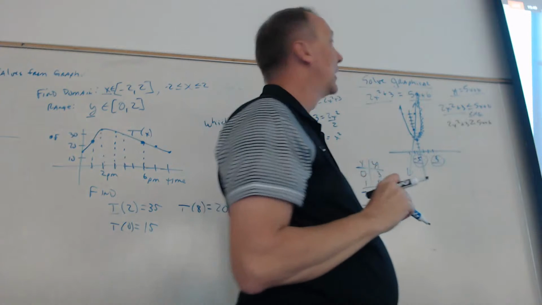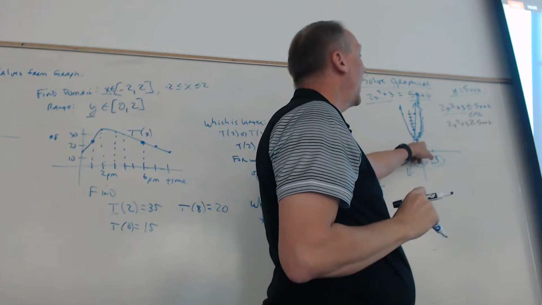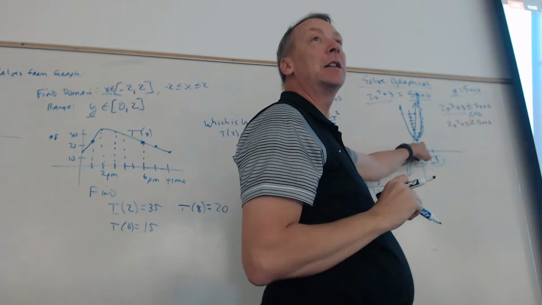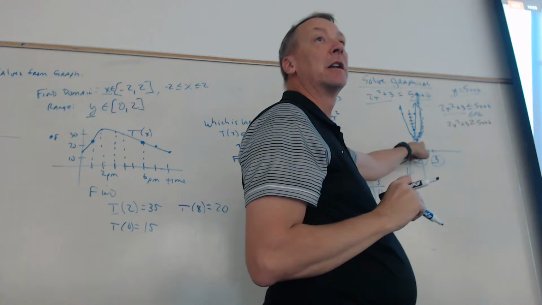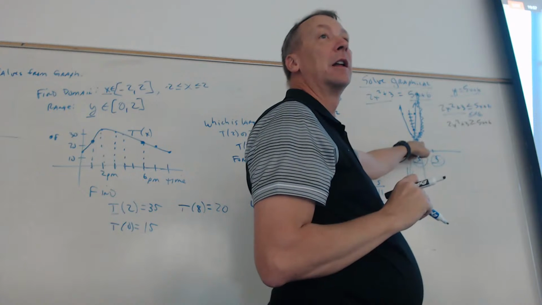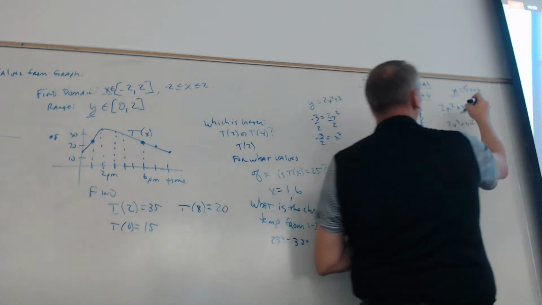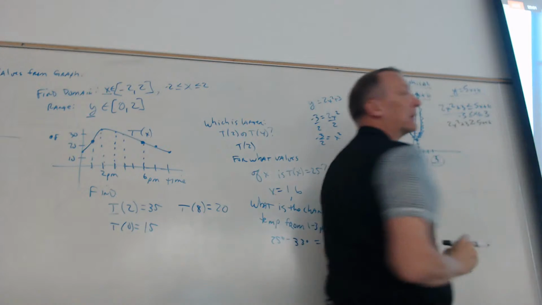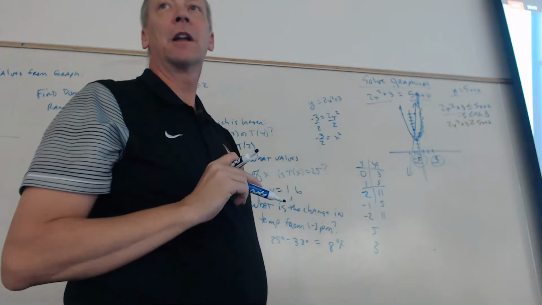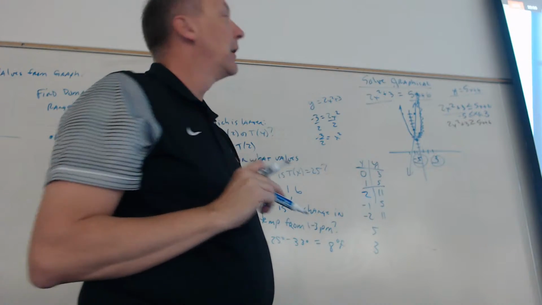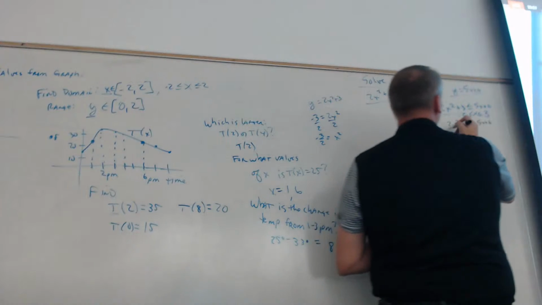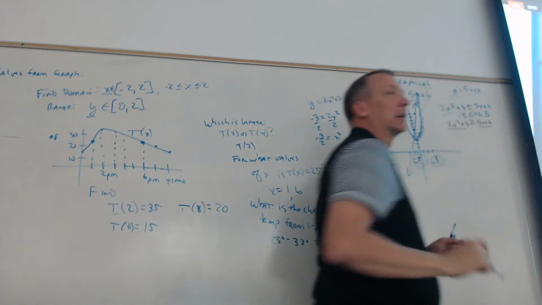For what values of x is the parabola less than the line? Negative 0.5 and 3. Okay? For what values is the parabola greater than the line?